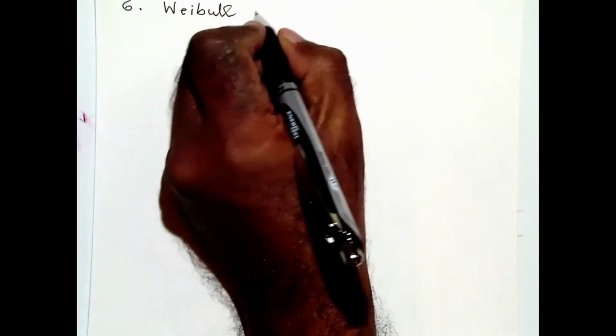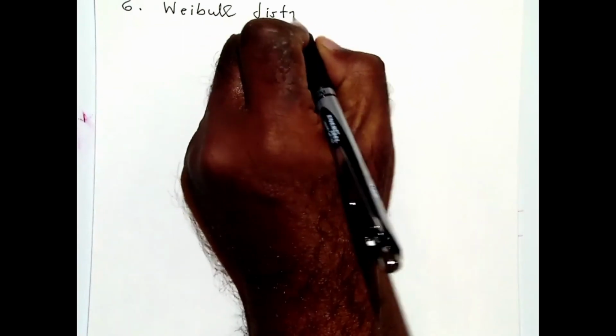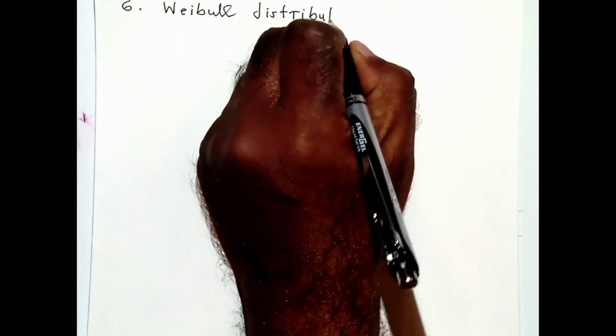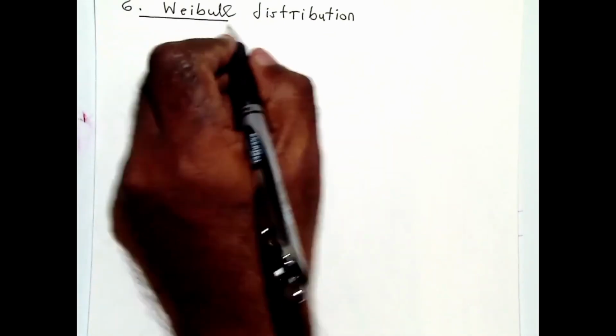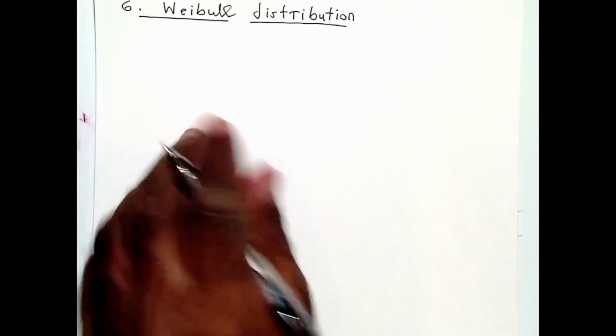The final method, number 6, is the Weibull distribution method. Okay, guys. All right.